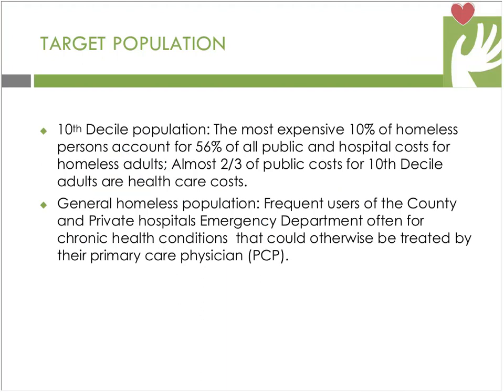And we also are seeing the general homeless population, which can be defined as frequent users of the county and private hospital emergency department, and as mentioned previously, they are coming in with issues such as uncontrolled hypertension or diabetes, COPD, and also with onset of untreated mental illness or substance use. And again, these things were all mentioned in the previous slides.